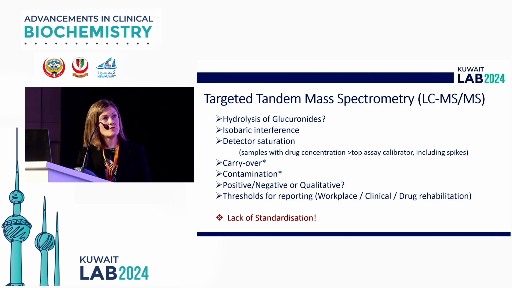Also, samples from patients who are using a high amount or have spiked their urine sample, for example with buprenorphine, might give a drug concentration above the top calibrator of your assay, and that can cause saturation of your detector and carry over into the next sample. So it's important to look at the chromatograms to check for that.